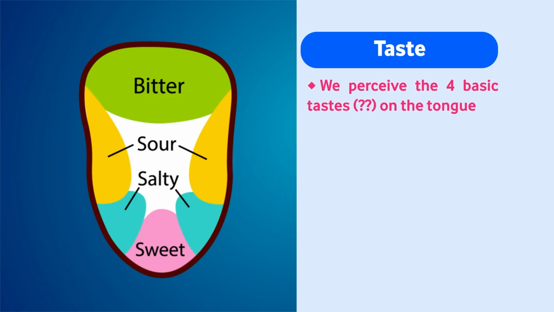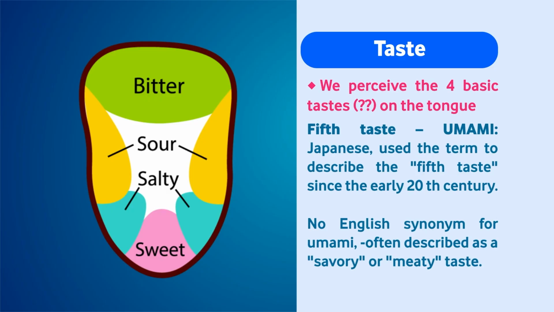But beyond these four tastes, there is one more taste, and that is umami taste. Umami taste is for the foods which are savory or have a meaty kind of taste. There are certain ingredients used for giving this umami taste to the food, like MSG, monosodium glutamate, which you would have heard.